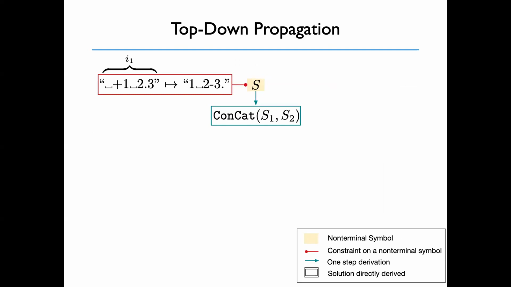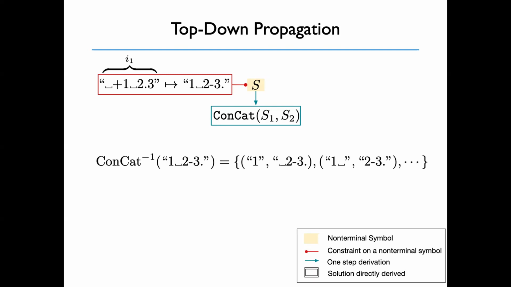For the given input-output example, suppose we are based on the hypothesis that the top-level operator of the solution is string concatenation. Our hypothesis is just the right-hand side of a production rule in the grammar. The inverse function of concatenation generates possible inputs that lead to the desired output as follows.